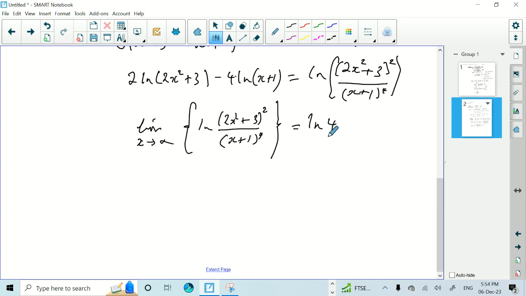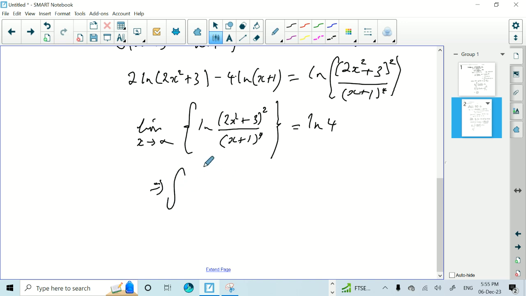You could do it another way, with limits to infinity, and you could have 2 natural log of 2x squared plus 3 over x plus 1 all squared, which is equal to 2 log 2. So it's either or.